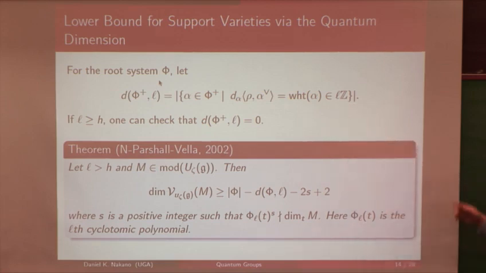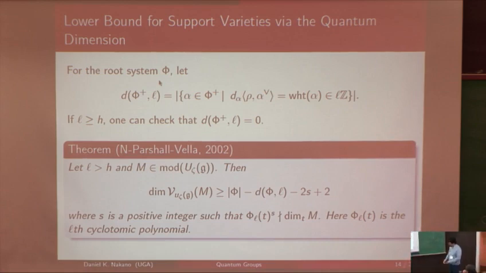And if L is bigger than or equal to H, then this d alpha plus of L is going to be equal to 0. So we need to use this when we're talking about small L. Actually, the L bigger than H shouldn't even be here, so we don't even need this condition. So just let M be a finite dimensional module for U zeta of G.